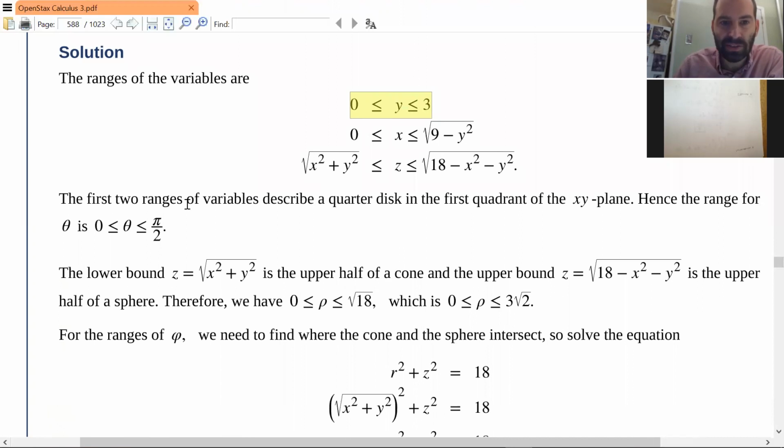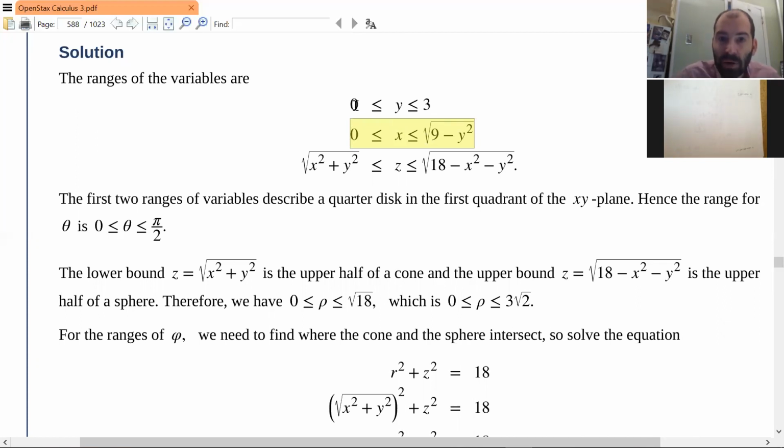The first two ranges of variables describe a quarter disk in the first quadrant of the xy plane. Why is that a quarter disk? Well, look at the second inequality. Just like in the example above, this is a circle of radius 3 instead of a circle of radius 1. And so x is going all the way from the y-axis up until it hits that circle of radius 3.